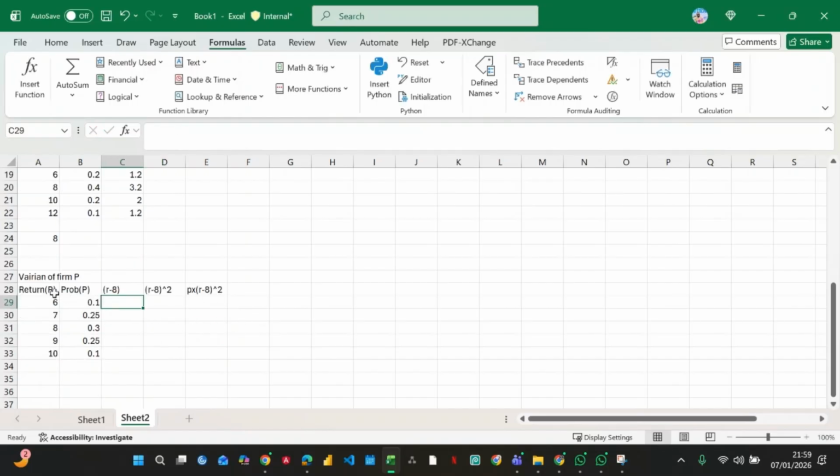You can see that this one, we already have this value, so we need to compute this one. Like, we need to compute this one.